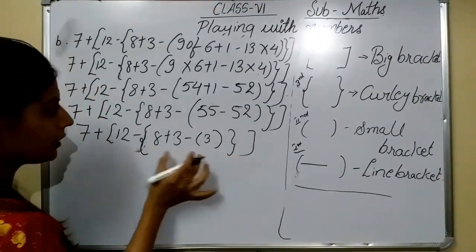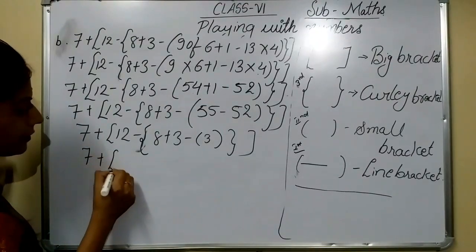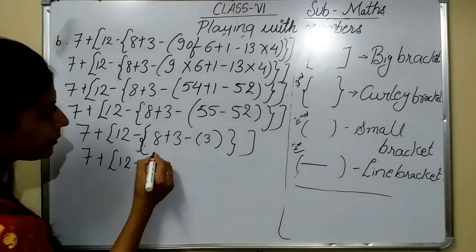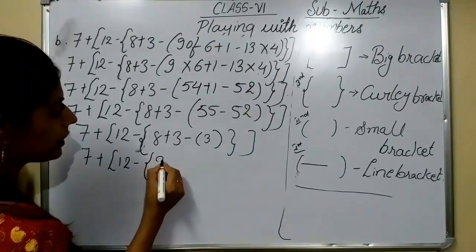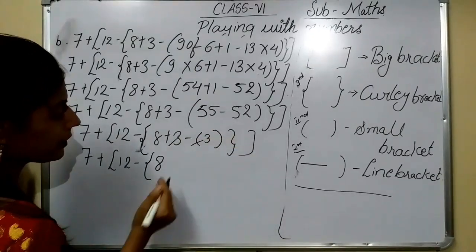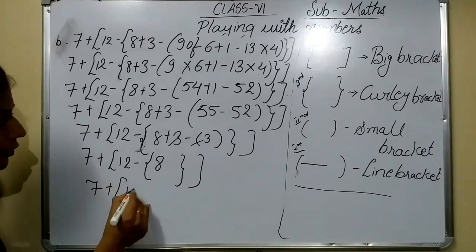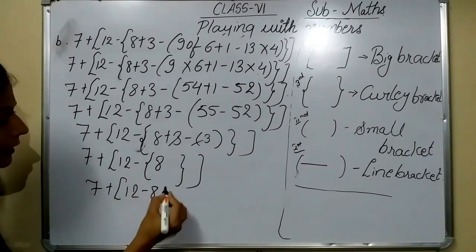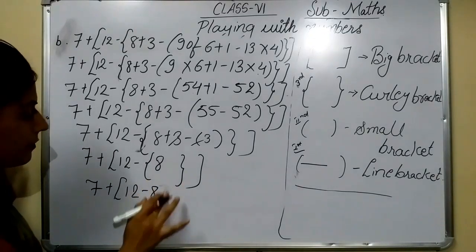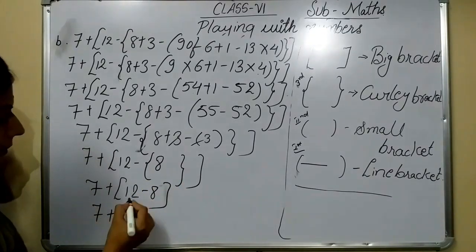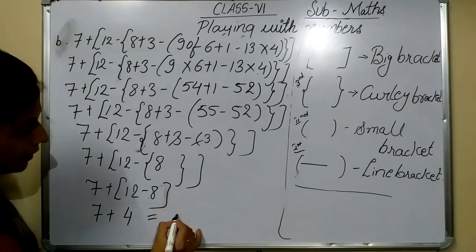Now you have to open your bracket. 7 plus 12 minus, open the bracket, 8 plus 3 minus 3, that is 8. Now 7 plus 12 minus 8, that is 11. So your answer is 11.